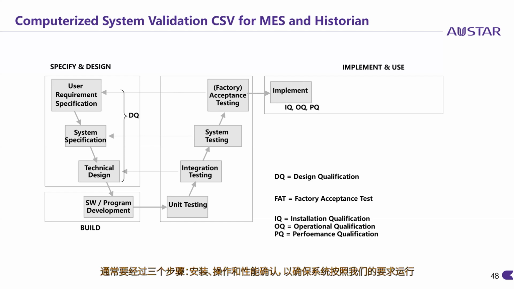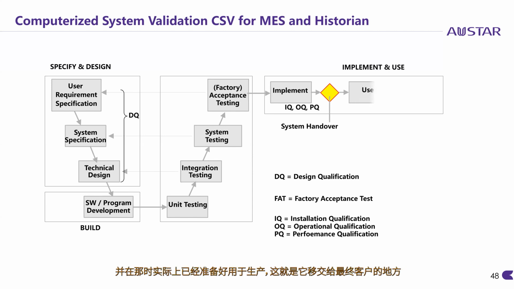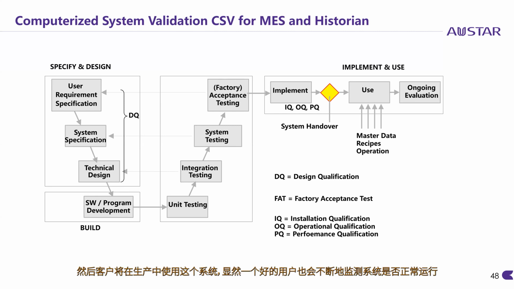In implementation, it goes typically through 3 steps: installation, operational, and performance qualification, to make sure the system performs as we want, and at that time is actually ready for production. That's where it's handed over to the final customer, and the customer then will use this system in his production. And obviously, a good user will also continuously monitor if the system is doing a good job and continuously improves it as time goes by.